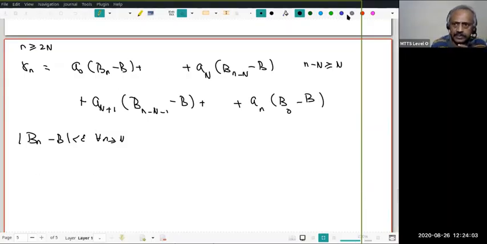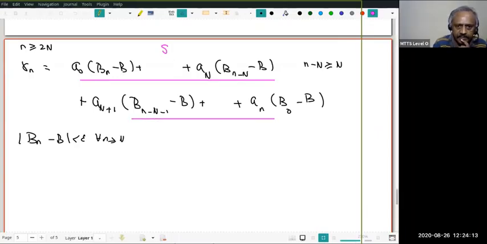Let us give names so that we don't have to keep saying this. Call the first N terms S, and call the terms where the index for a starts from N plus 1 onwards T.